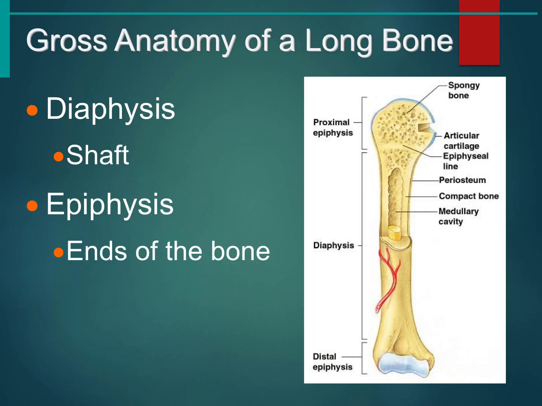Okay, so kind of the last thing is just the gross anatomy of the long bone. And gross anatomy, remember, is just like big scale anatomy, macro anatomy, not like you gross. So of a long bone, so this we're talking about femur, humerus, radius and ulna, tibia and fibula, like legs and arms, basically. It consists of two parts.